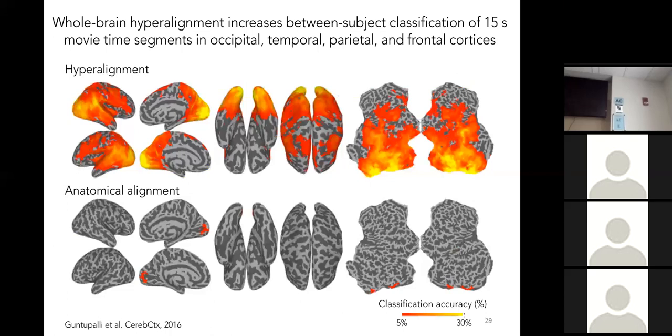And so with our current data sets, we have 1,300 time points in half of the movie. So it's a sliding time window. We have 1,300 for the segments we're classifying, and 1,300 for the segments that could be classified by. If I did a confusion matrix, it would be a 1,300 by 1,300 confusion matrix.